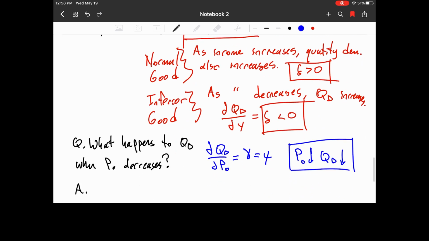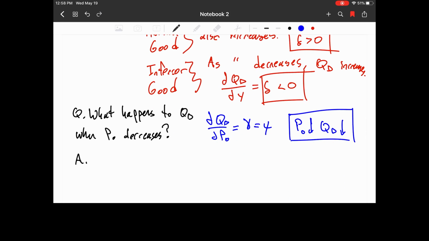And as you've worked with in your intro classes, we can insert between these two variables the law of demand, what the law of demand tells us about Q0. So we have P0 going down. From the law of demand, we have Q0 going up, so the quantity demanded of the other good.